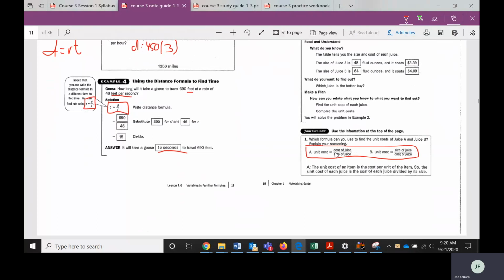So they give you, it says which one of these we would use. This says cost over size. This one says size over cost. This is the wrong one. You always do cost on top per size. Okay, so the answer, letter A, unit cost is taking the cost divided by the size.